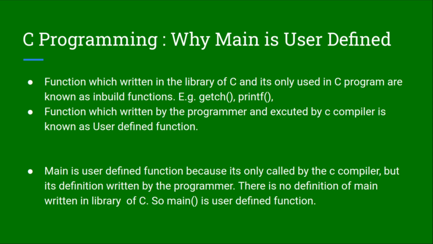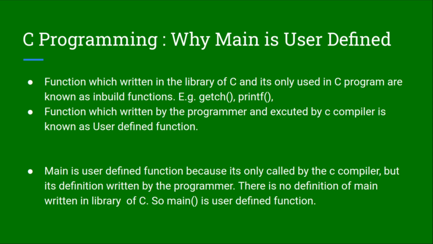In the same way, the compiler is calling the main function that is written in our program, right? That is not written in the C compiler. So the compiler is only calling the main function, and its definition is not in the library of C; the user writes it.